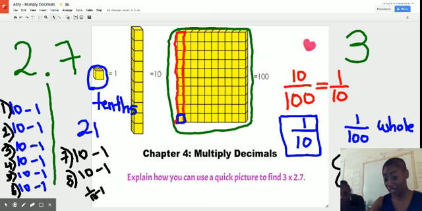So we use blocks and we use a picture to figure out 3 times 2 7/10. Very good. 3 times 2 7/10. So another way we can also write 2 7/10 is as a decimal, and we can also write it as a mixed number, 7 out of 10.